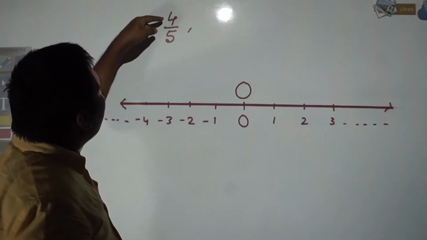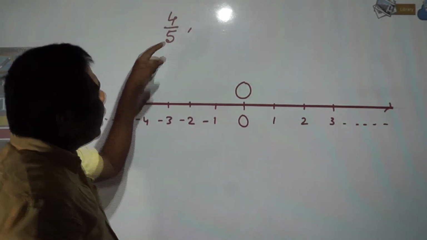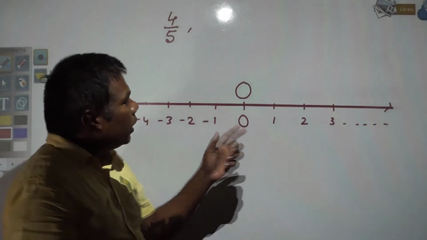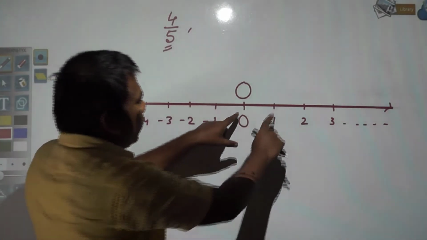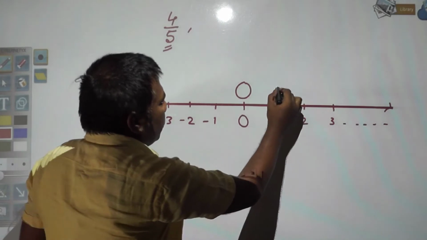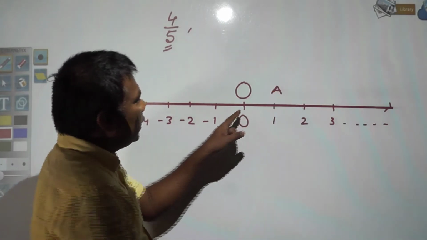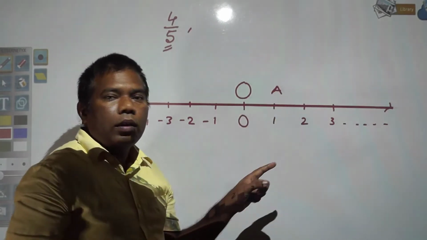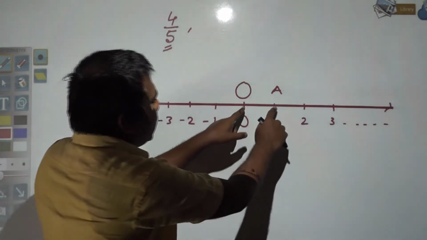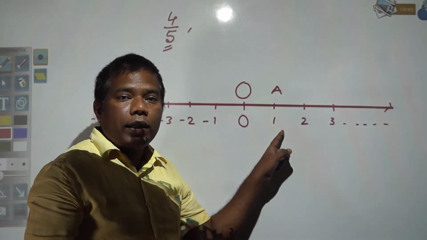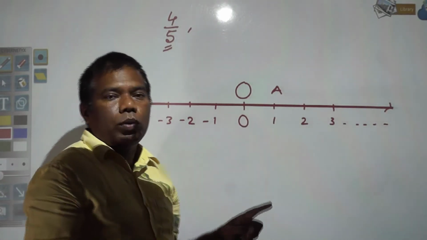Now you see you have to show 4 by 5. So the denominator you see is 5. So 1 unit you have this distance. Suppose OA. This distance is 1 unit. So the denominator is 5, so this portion is required to be divided into 5 equal portions.